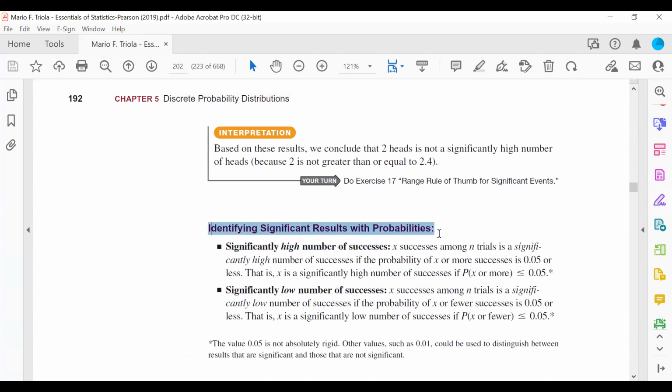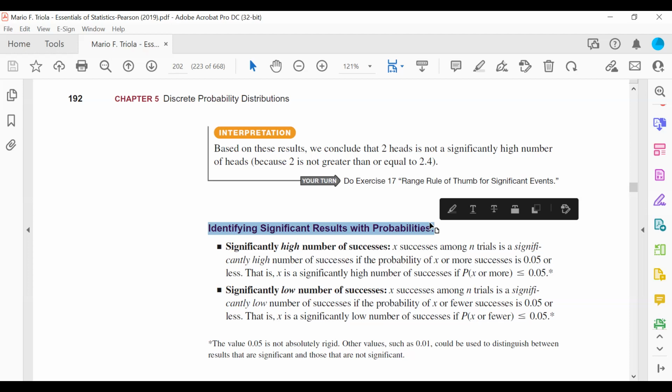Identifying significant results with probabilities. All right, so this is how you find it. Let's write down the bullets. For the first bullet, it says significantly high number of successes.